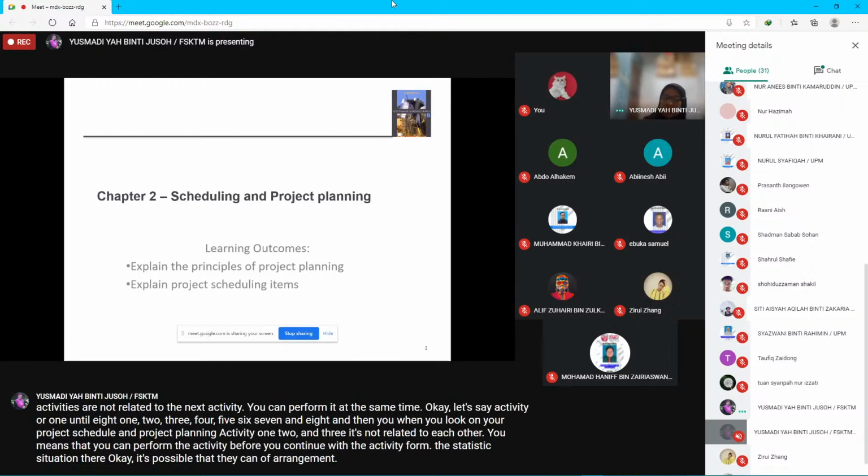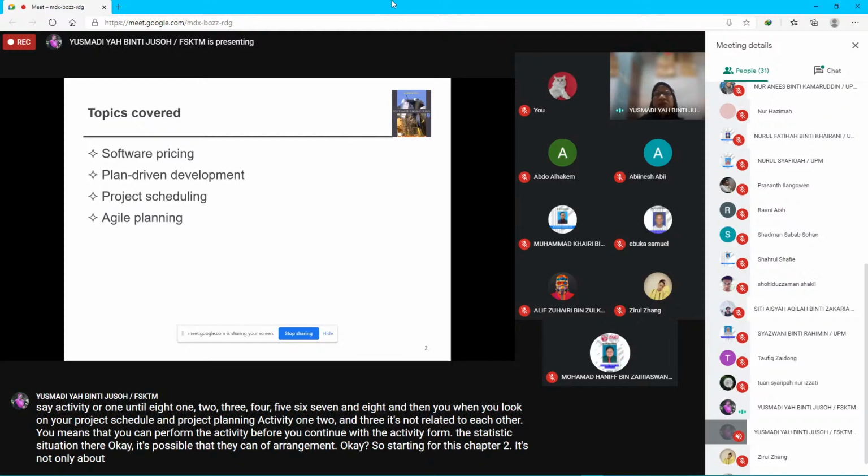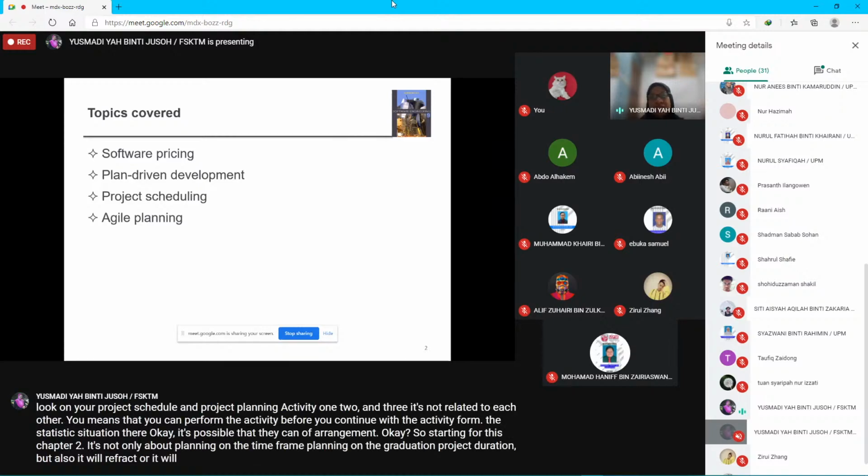Okay. So starting with this chapter 2, it's not only about planning the time frame, the project duration, but it will also influence other factors, like the people involved and other things.